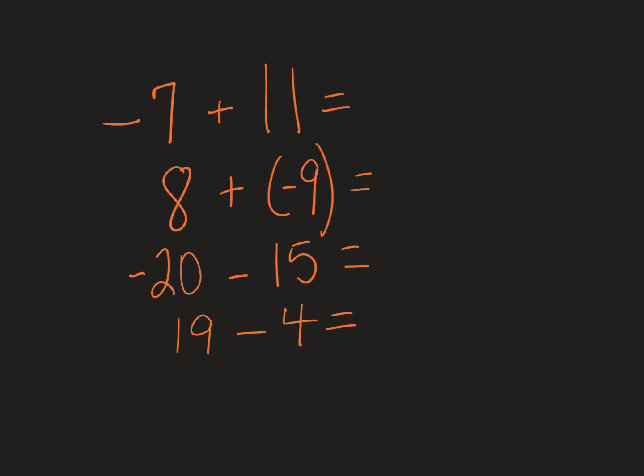So if my signs are different, what am I going to do? I am going to subtract. Okay, so 11 minus 7 is what? 4. Now, my question is, is my answer positive or negative? Okay, why is it positive? That's right, the larger number is 11 and it is positive, so my answer is positive 4.